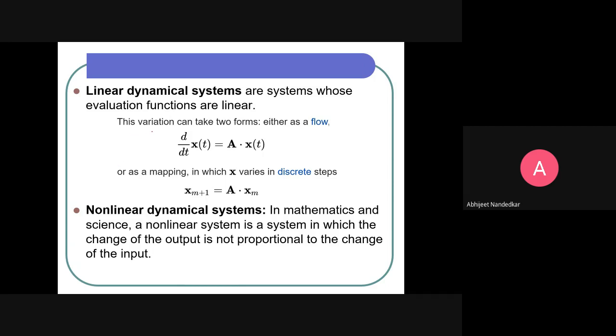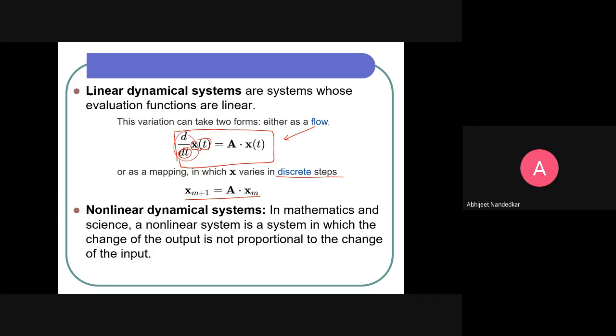This can take two forms, either as a flow, so you are following the equation dx/dt equal to A into x of t, where x is the state space variables, or as a mapping in which x varies in discrete steps, say x(m+1) is equal to A into x(m). So this is the linear case, and this is a flow kind of, so a derivative is involved.